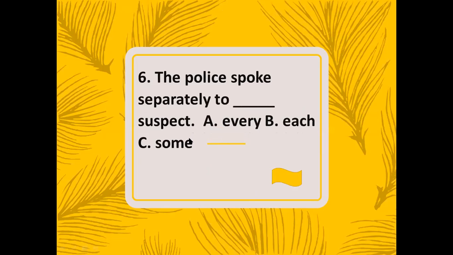A every, B each, C some. Boys, what is the answer? The question on the screen is for the boys. The police spoke separately to each suspect. Let's see whether you're correct. That's correct.